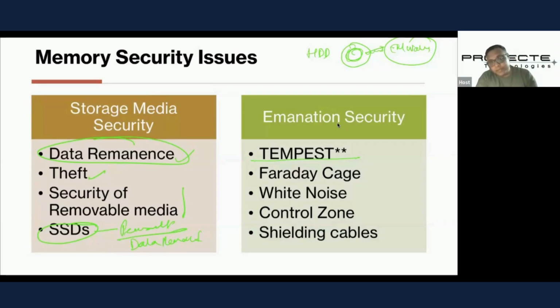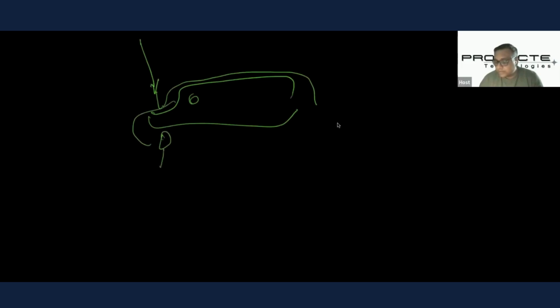Now, how do you prevent tempest attacks? You prevent them with a Faraday cage. What is a Faraday cage? It is nothing but something like your car. Once you remain inside a car, and if there is a lightning strike, you're safe. Why? Because the complete charge is distributed over the car, and through the tires it is discharged into the ground, and the human being sitting inside remains safe.